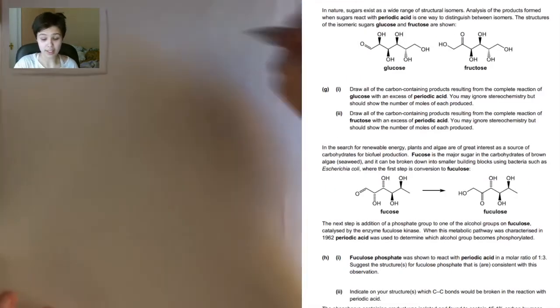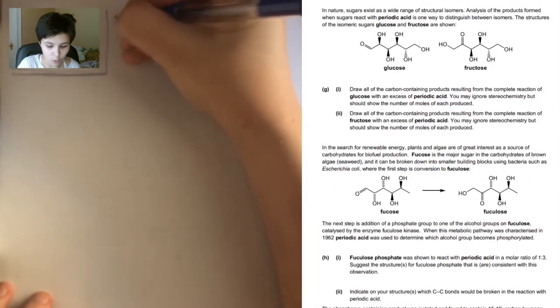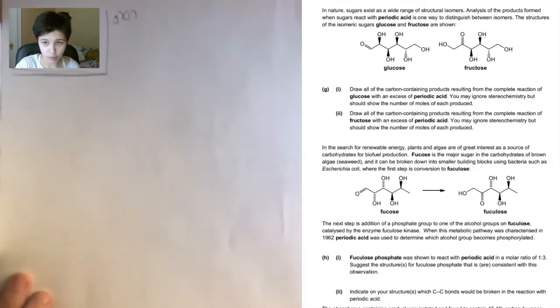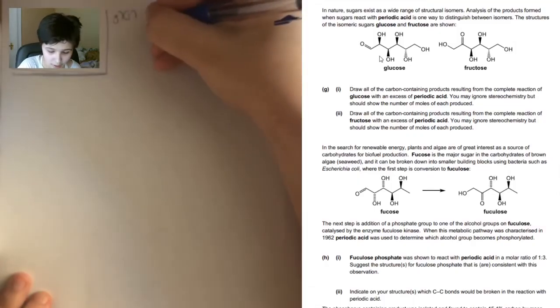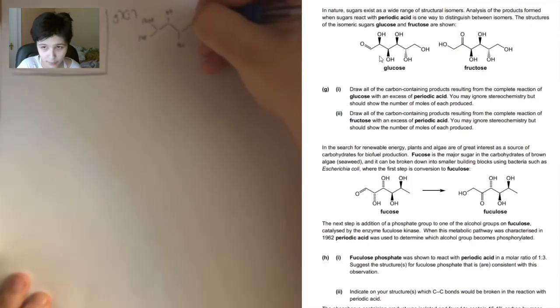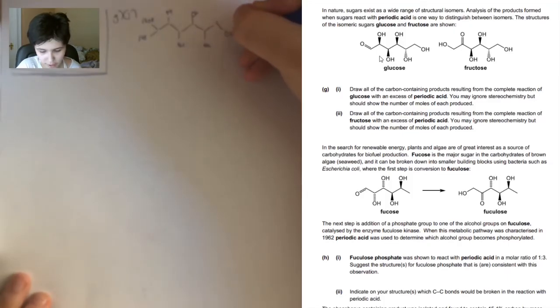For part G, that's just a whole bunch of working. I'm going to start with the very left-hand side, giving me OH, OH, just separating the aldehyde OH, and a whole bunch of OHs here, OH, OH, and final OH here.